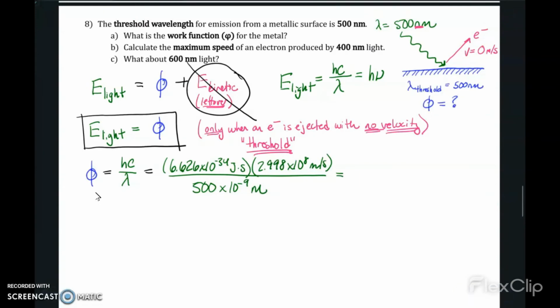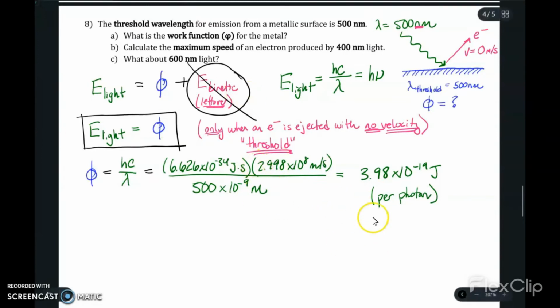If we calculate this all out, you're going to get 3.98 times 10 to the negative 19th joules. And we want to remember that anytime we use these equations, these are per particle values. Really what we've calculated here is the energy per photon, because we used the energy of the light equation to solve for this.